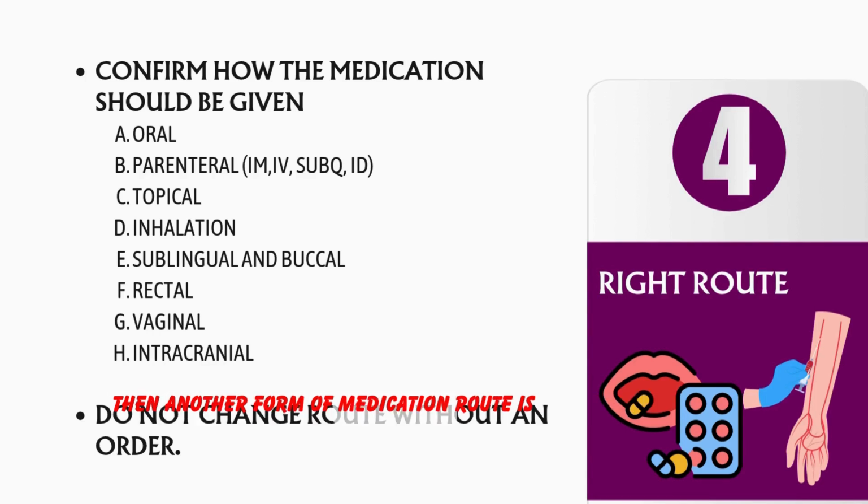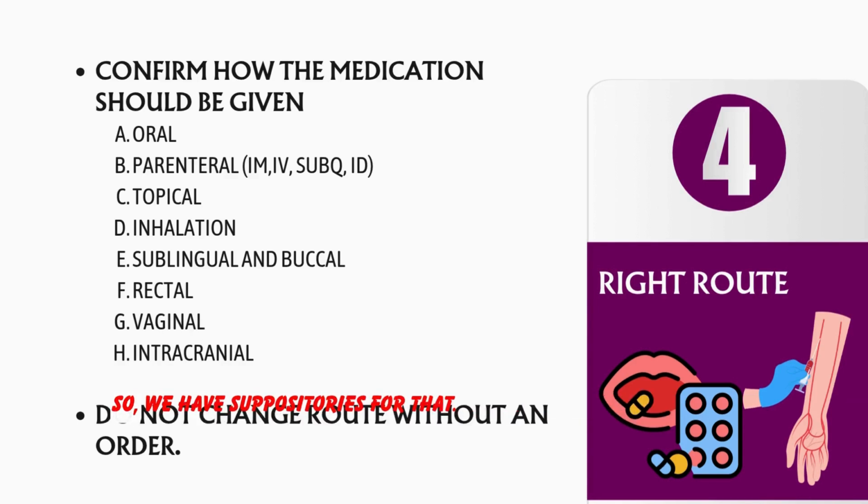Then another form of medication route is topical, which is on the skin, that is the epidermal part of our skin. D, inhalation, just like those that maybe are having asthma attacks, they will give them their inhalation pump to inhale the medication, while E, sublingual and buccal. Just like if we can remember our nitroglycerin medication, they normally say the patient should put the tablet under their tongue.